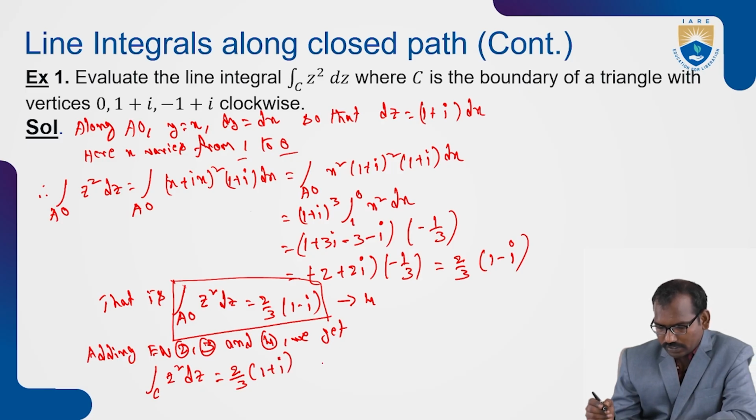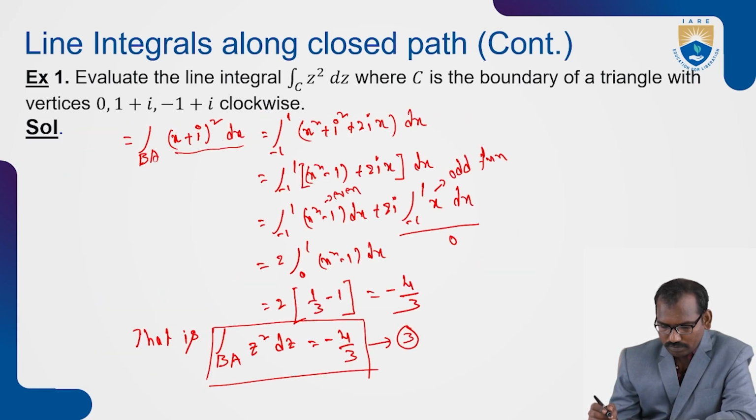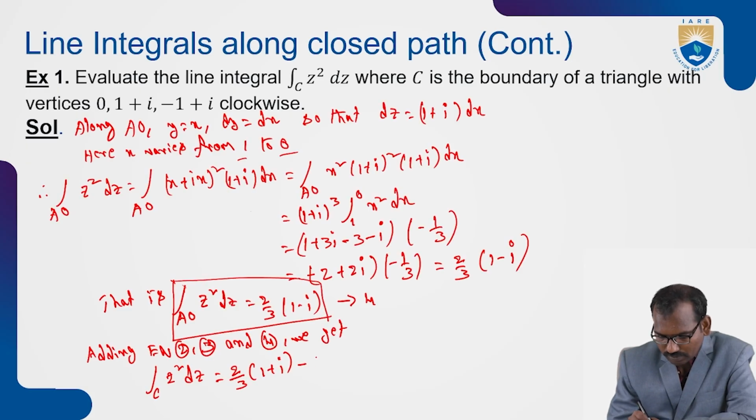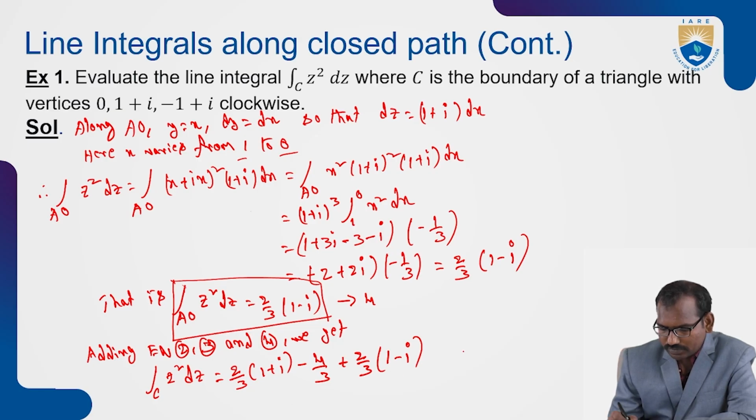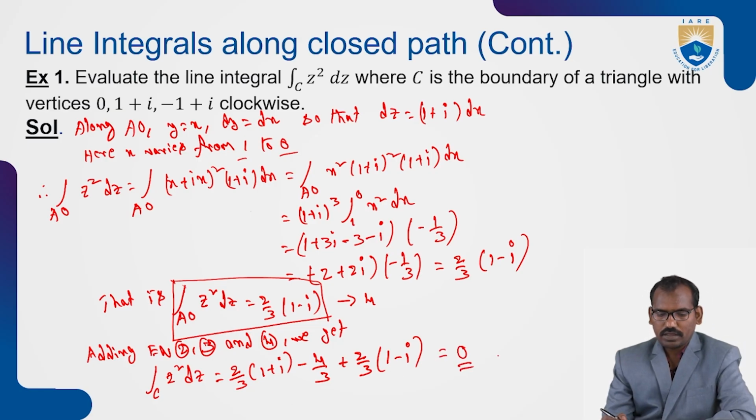From equation 2 we have minus 4 by 3. Next, from equation 4 we have plus 2 by 3 (1 minus i). If we add this sum, we are getting here 0.